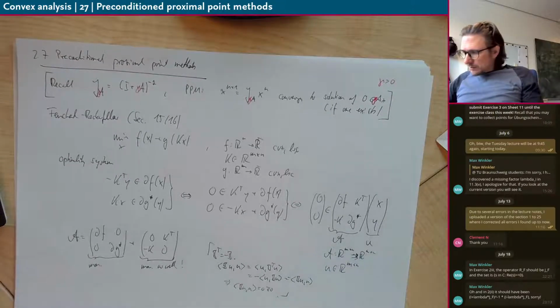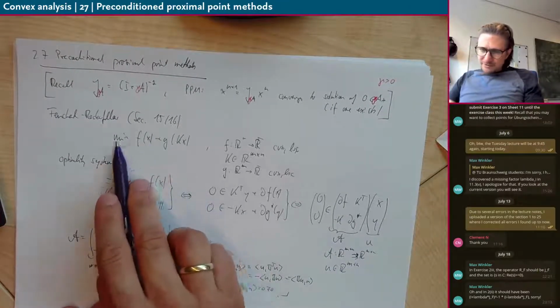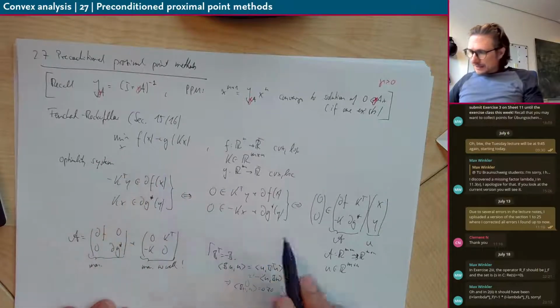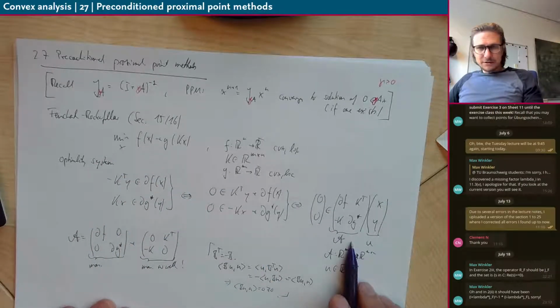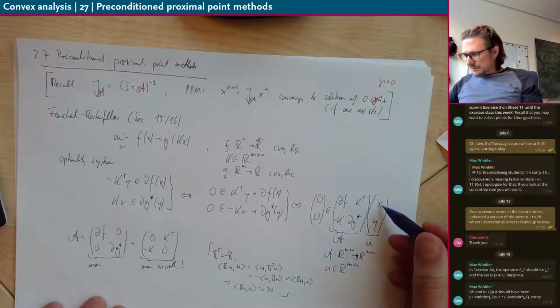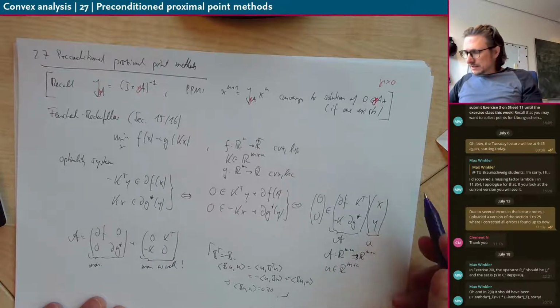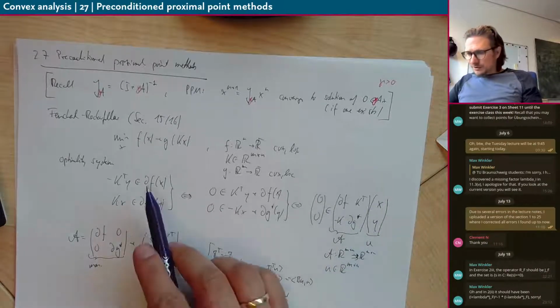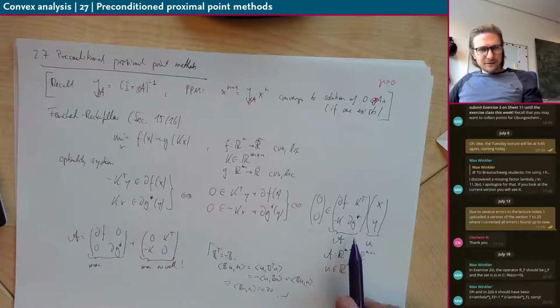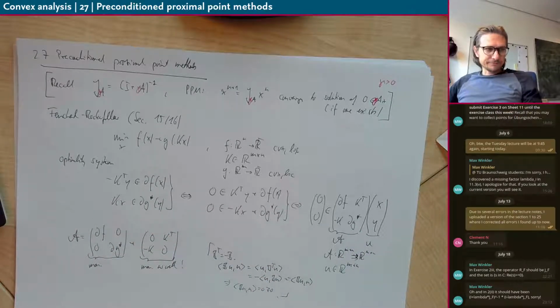Okay, so now we formulated this minimization problem as a monotone block inclusion in the primal dual space. This is the primal space, this comes from the dual space, and this is now the full primal dual optimality system formulated as one monotone inclusion.